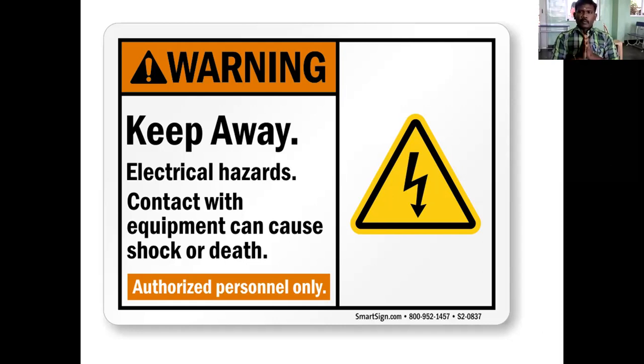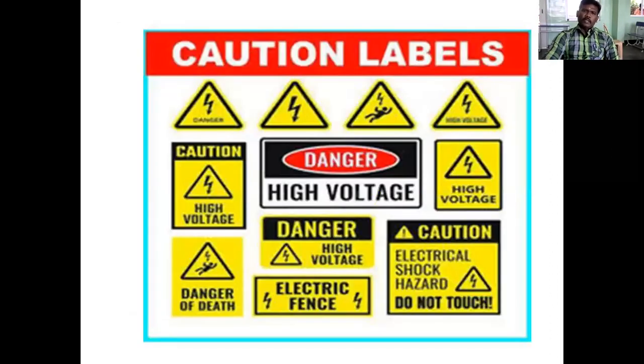Gamma rays are the most dangerous rays. They can produce genetic disorders. That type of gases is emitted from electrical sources. Okay, and see this one. These are some caution labels and symbols representing electricity.